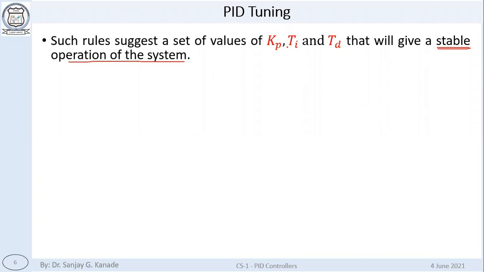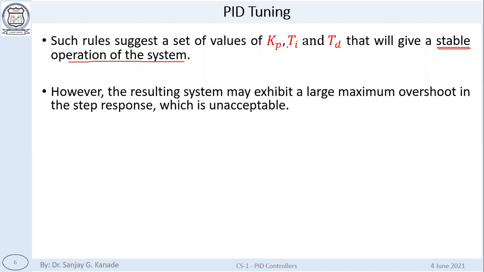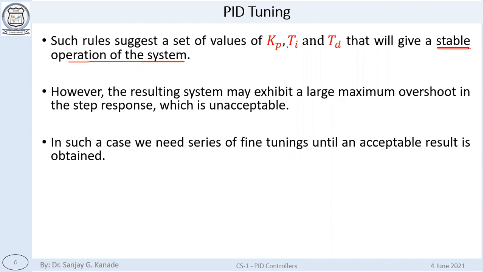Okay, so the problem, of course, could be that when the resultant system is designed, it may exhibit large maximum overshoot in the step response, which is obviously unacceptable. In that case, there need to be a series of fine tunings until an acceptable result is obtained. Means what?